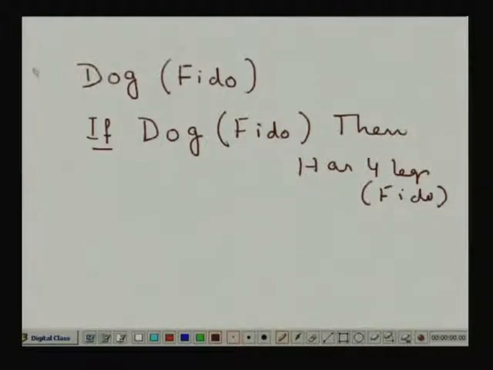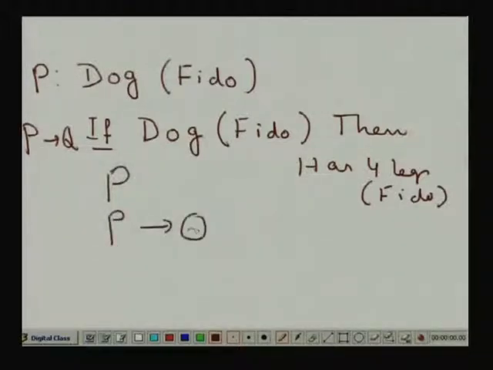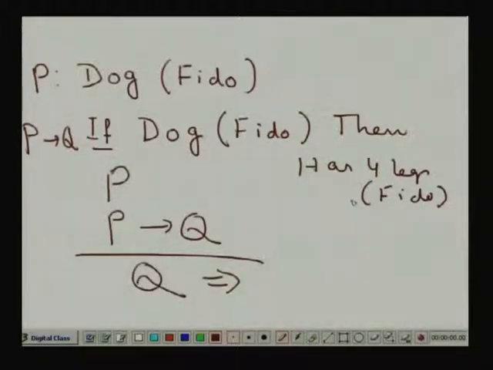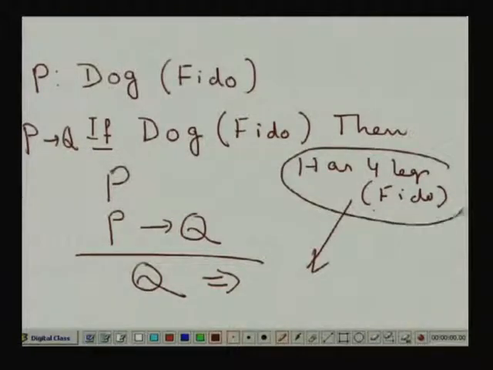If I say this is P and this is P implies Q, then according to modus ponens, if you recall, we would have inferred Q, and Q is nothing but Fido has 4 legs. So, you could have inferred this using logic or using rules.